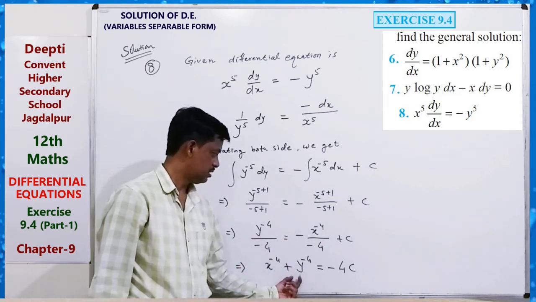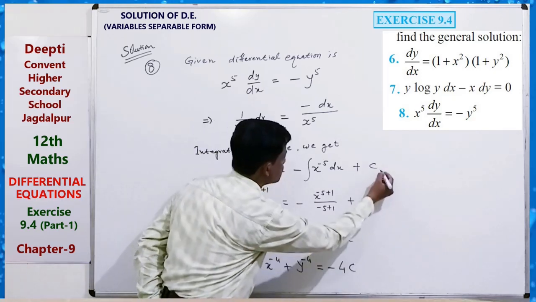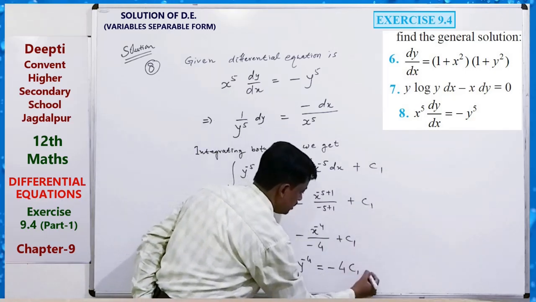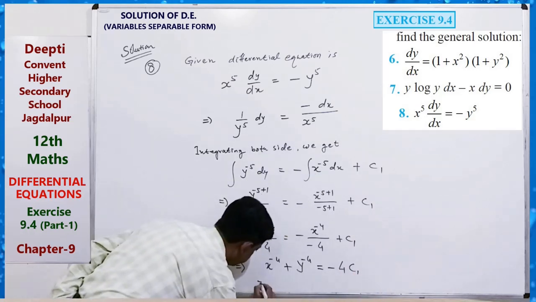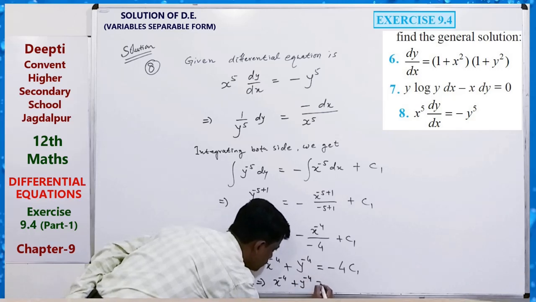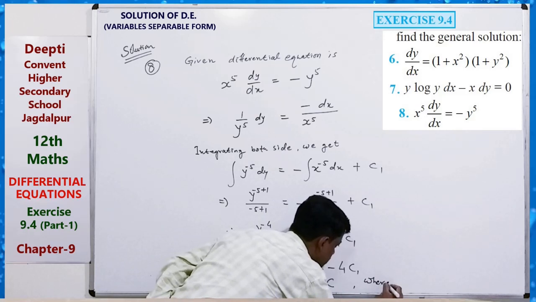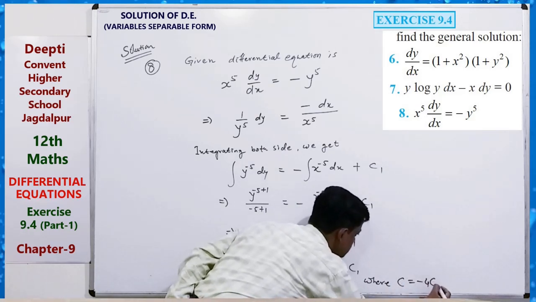So this equals to minus 4c. So this can be written as, suppose this was c1, then finally we can write x to the power minus 4 plus y to the power minus 4 equals to c, where c equals to minus 4 c1.